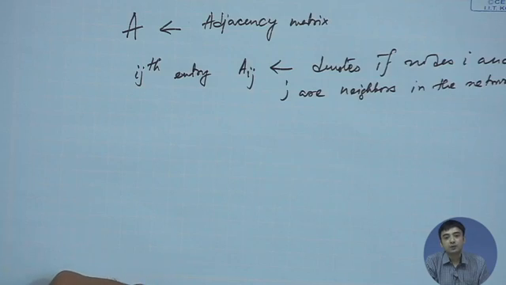If you look at the adjacency matrix, you can find out all the neighbors of i. The row corresponding to i gives you all the neighbors of i. If there are n nodes in the graph, the row has entries 0 to n minus 1, including i.